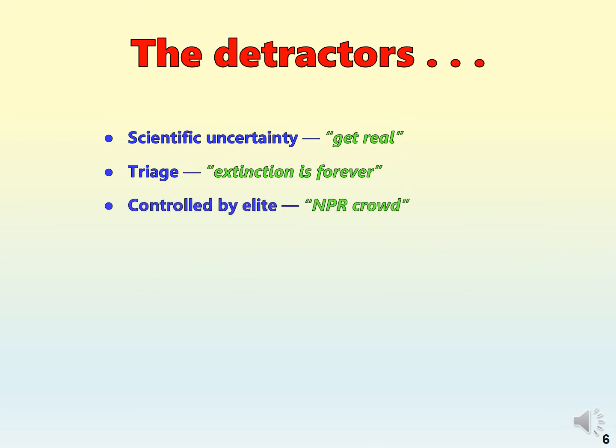Another criticism is the process, like lots of these decision-making things, is controlled by the policy elite. And sometimes pejoratively, they're called the National Public Radio, NPR crowd, because when you make policy decisions, a big element in policy decisions are people's values, the priorities they have. The analytical things like risk assessment can help decisions, but they just inform decisions.